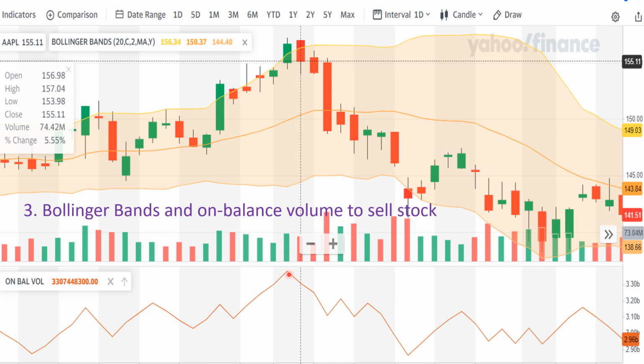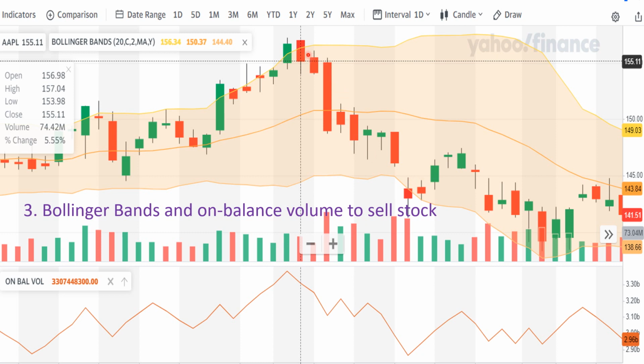If the on-balance volume curve is decreasing or falling down, it suggests that the stock price may be due for a bounce down, and you see that the price is bouncing, going up, and bouncing back down and falling.